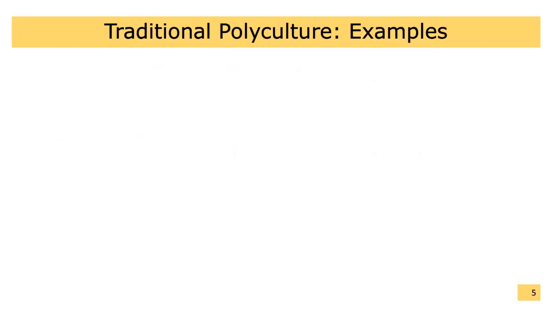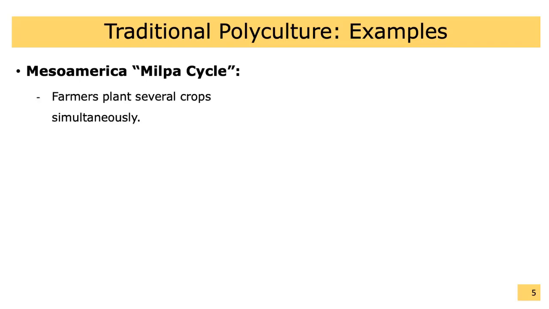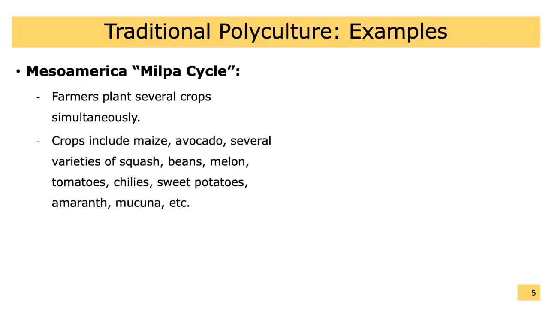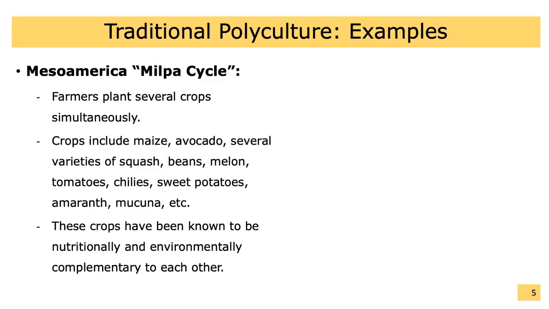Few examples of traditional polyculture practices. Mesoamerica milpa cycle. In milpa cycle, farmers plant several crops simultaneously. These crops include maize, avocado, varieties of squash, beans, melon, etc. These crops have been known to be nutritionally and environmentally complementary to each other. Bara Anaj polyculture practices in India.